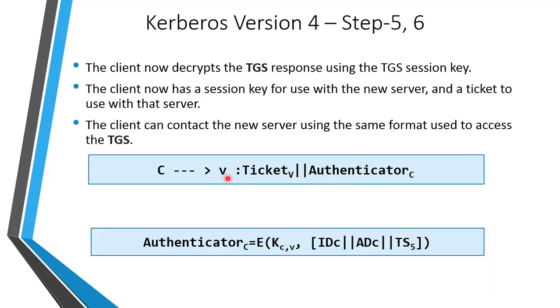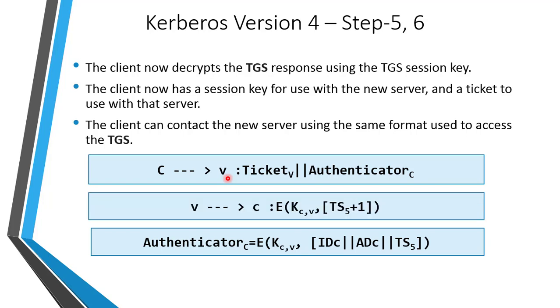Here the authenticator consists of the ID of client, address of client and the timestamp, which is encrypted using the secret key used between the client and the server. Now the next step: the application server will mutually authenticate the client using the timestamp 5.